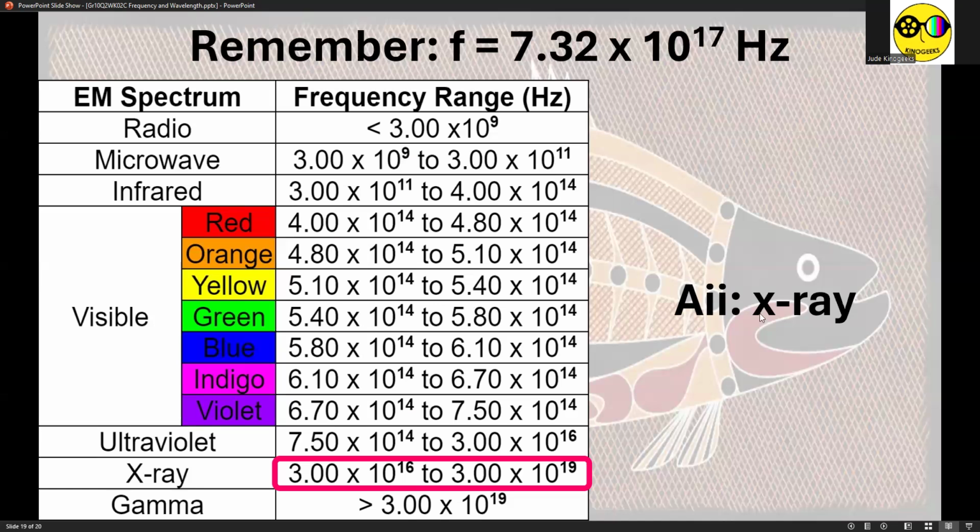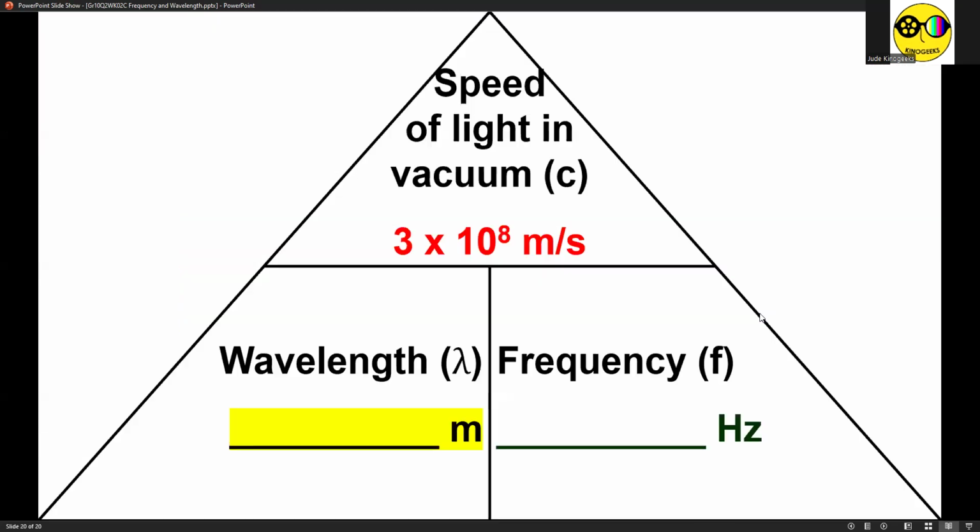Okay? Now that we're done, it's time to recap everything that we discussed so far in solving for the wavelength and frequency. At the top portion of the pyramid, by the way, I will allow the pyramid formula and the frequency table to be featured in your examinations, in your upcoming performance task, and your upcoming long test sometime next week.